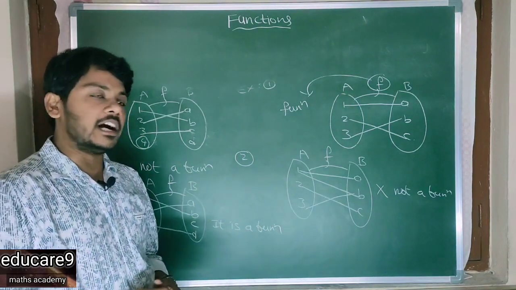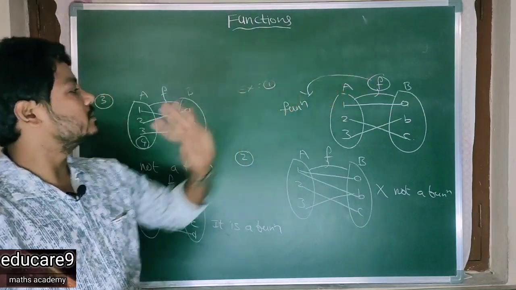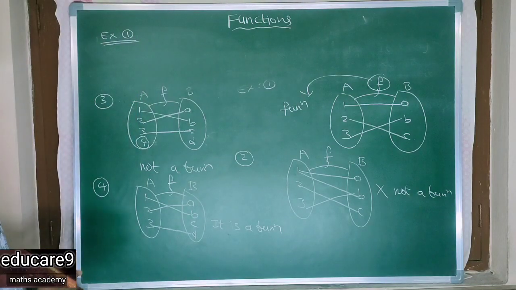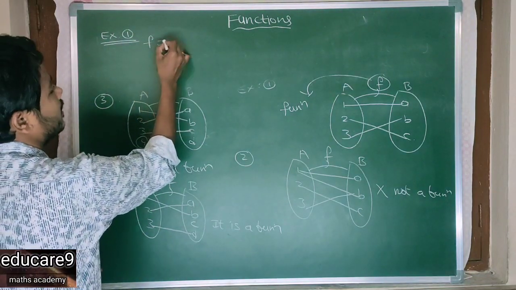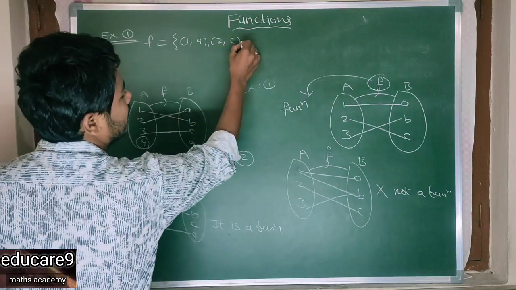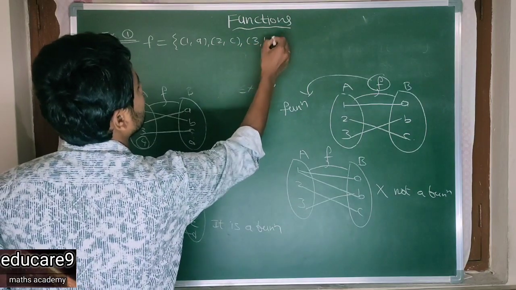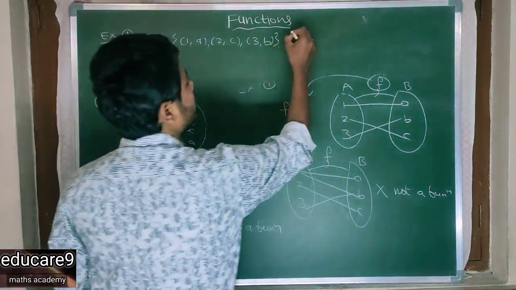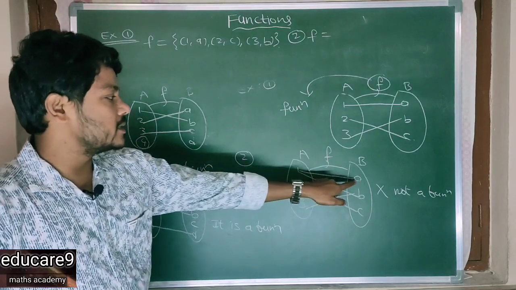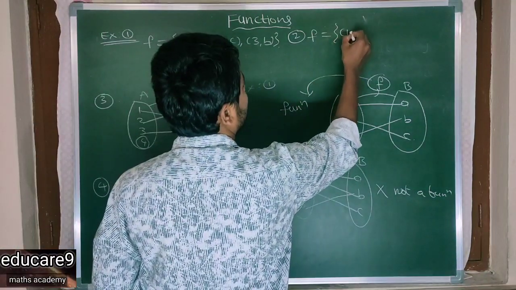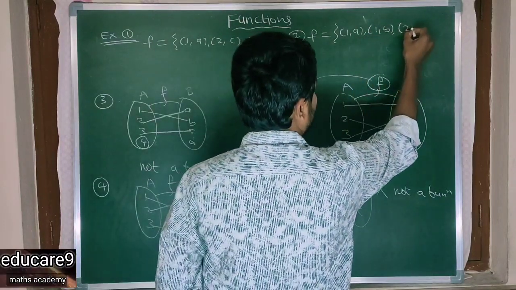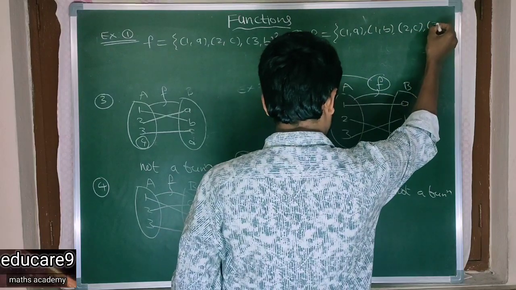Now write the ordered pairs from set A to set B. See here, for example 1, what are the ordered pairs? F is (1, A), (2, C), and (3, B). And example 2, what is F here? 1 is mapped to A, that is (1, A), (1, B), (2, C), and (3, B).